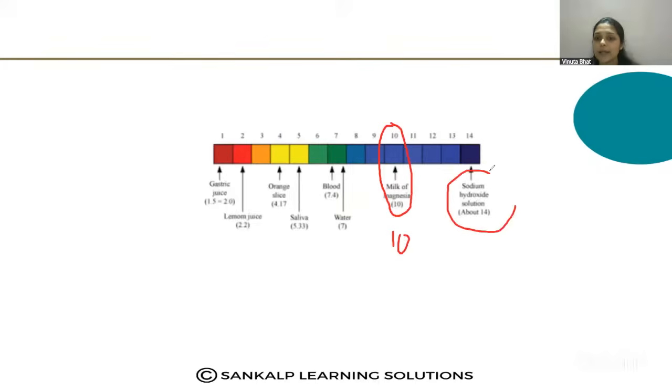And sodium hydroxide, NaOH, is an example for the strong base. Okay, sodium hydroxide. So this is the pH scale and pH of the different substances.